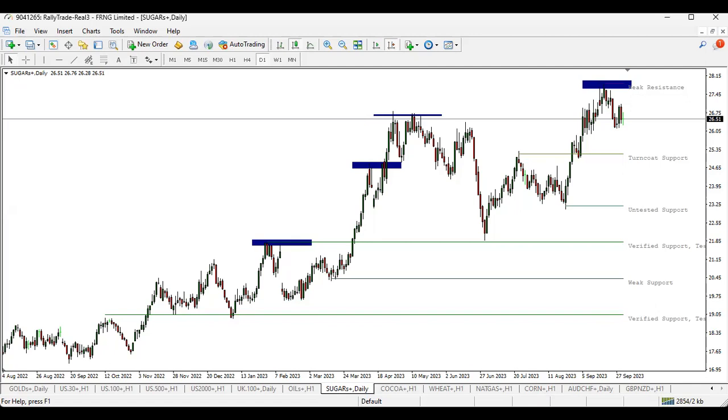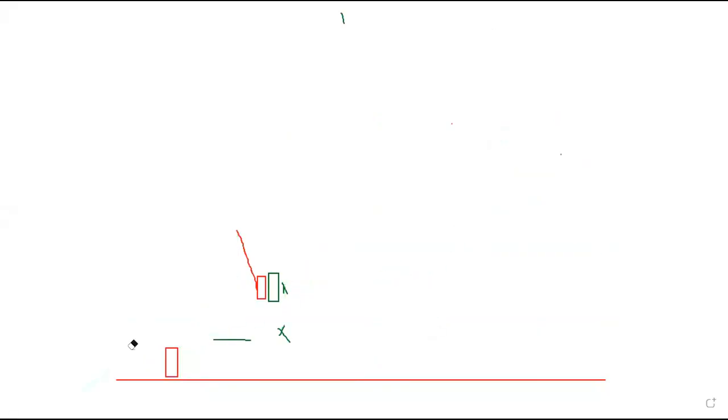The only clause there is that I must prepare my mind to absorb some kind of pullback when it happens before price will then continue to go higher. It makes logical sense that if price is going to go up, price goes up from support, does something like this, goes up again, and I'm targeting a buy above here.